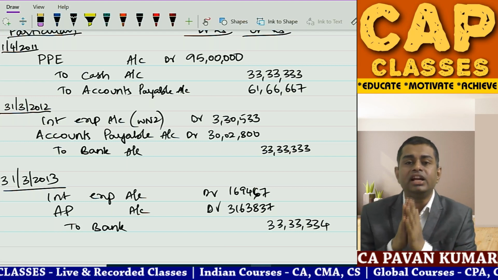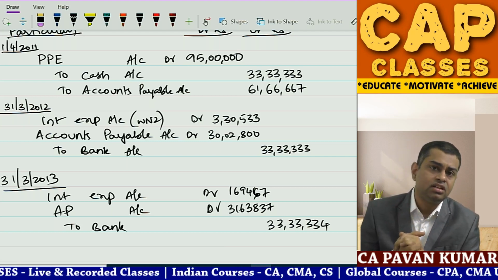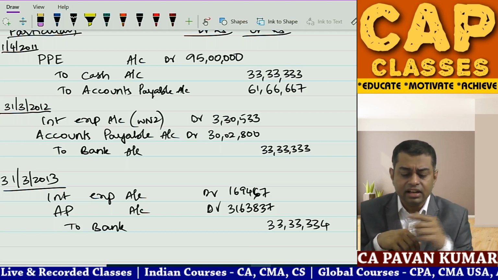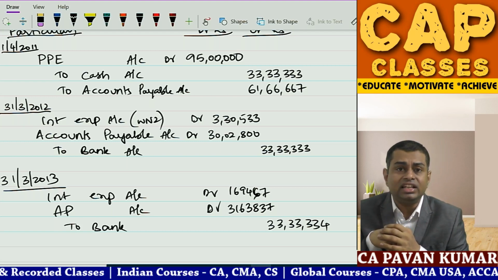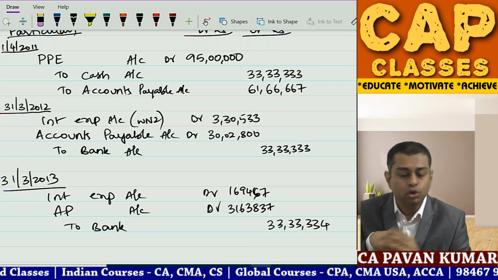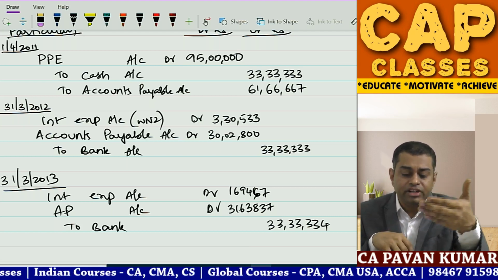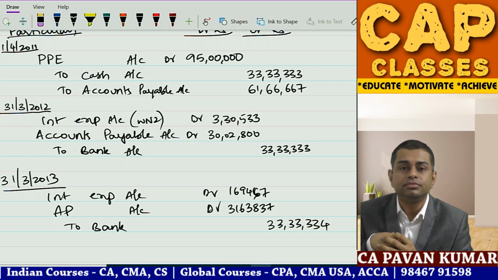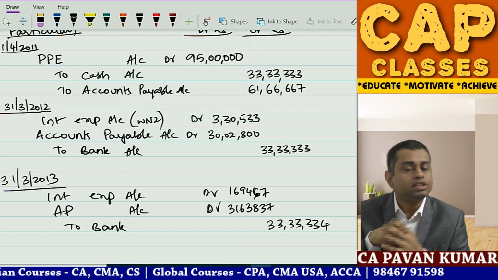The balance should be treated as interest expense. So every year, like the second year, that interest expense of 3,30,533 will be charged to your P&L. In the P&L, you will write profit and loss account debit to interest expense. That's all.